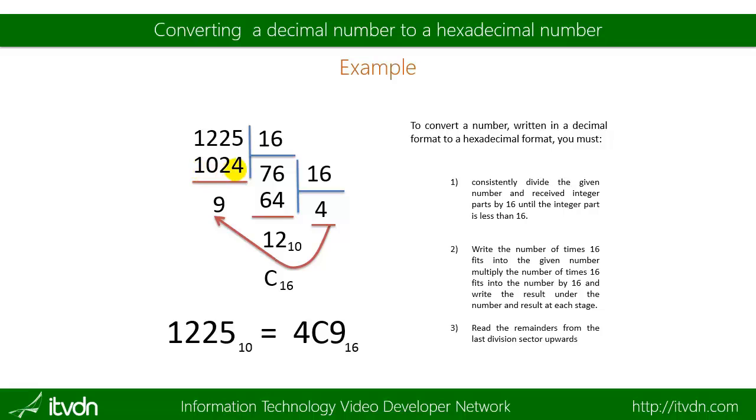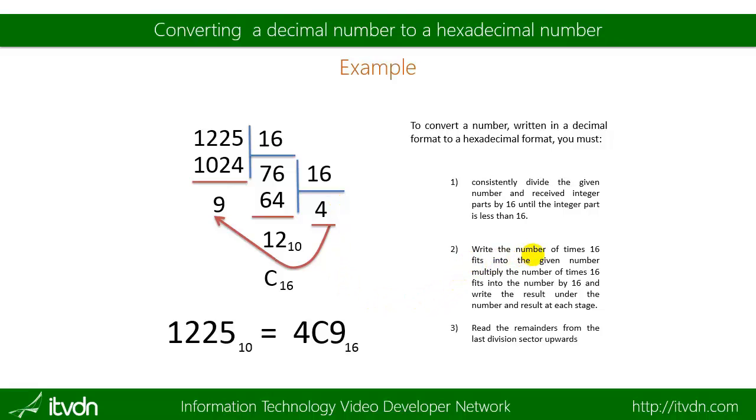In this example, we have 1225 divided by 16. We'll get 76, divided by 16, and we get 4, and there we stop, because 4 is less than 16.